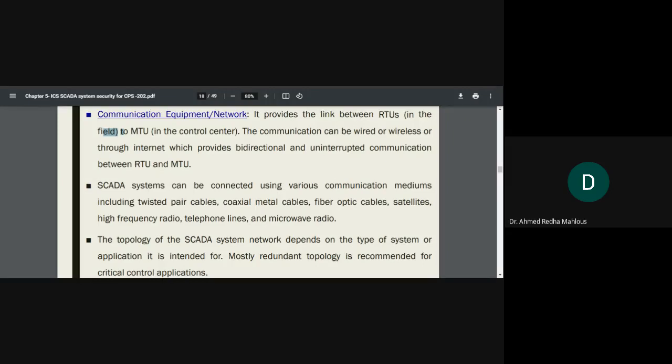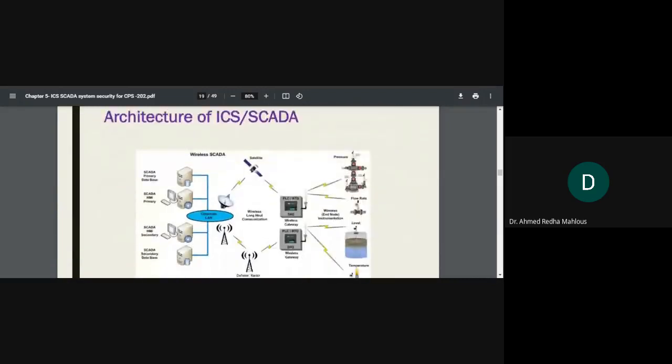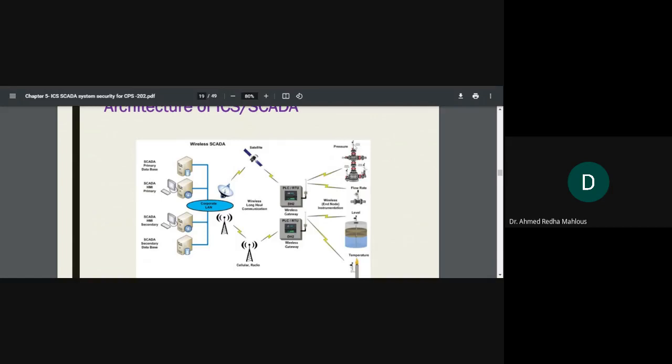We said that the topology of the SCADA network is based on the type of application it is done for. We also talked about redundancy topology. It is recommended. Here you can see a wireless SCADA, where you have, for instance, a primary database and a secondary database.